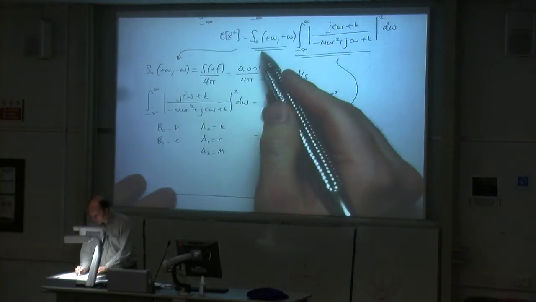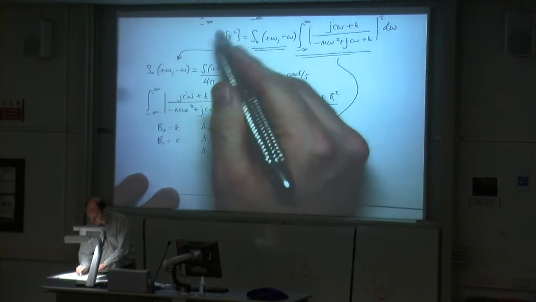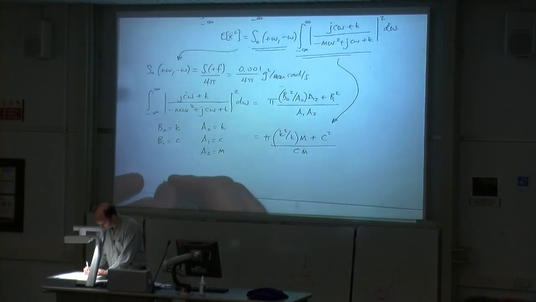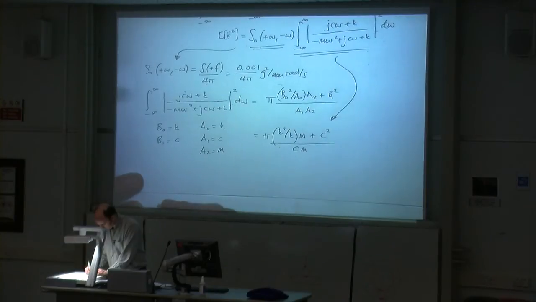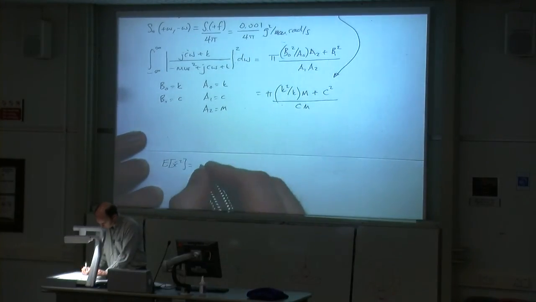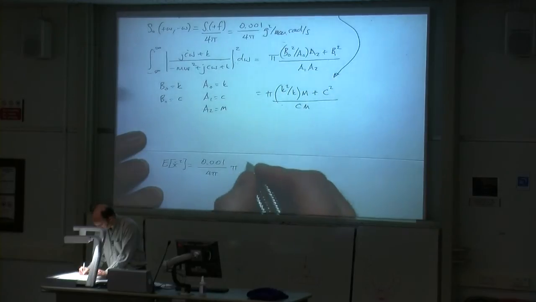So since we know what this is, and we know what this is, we can multiply them together to get E x double dot squared. I'll do it on this page. E times by pi.